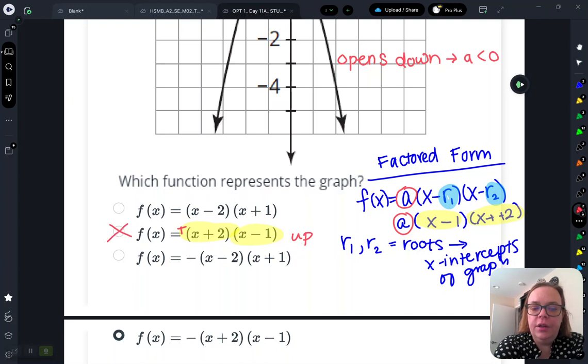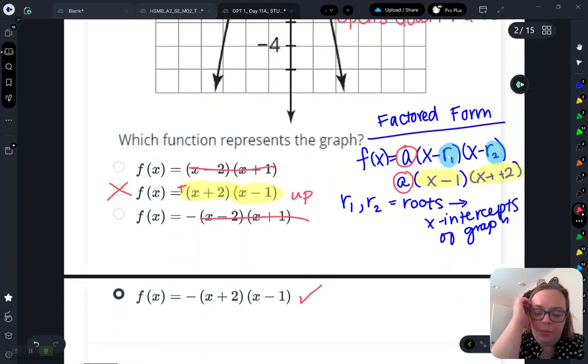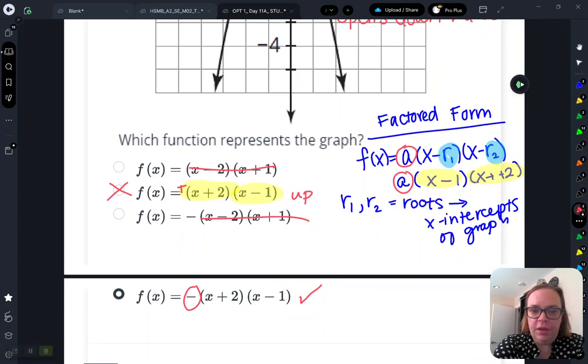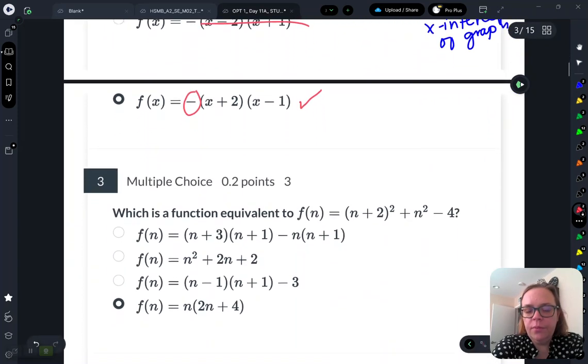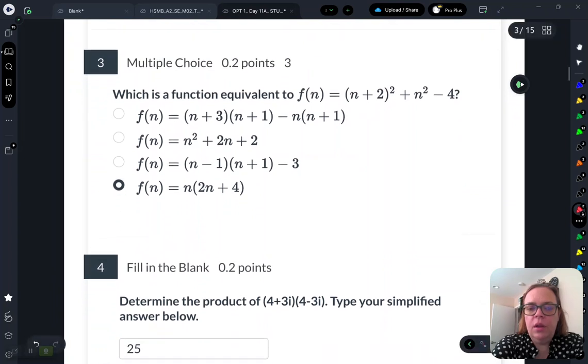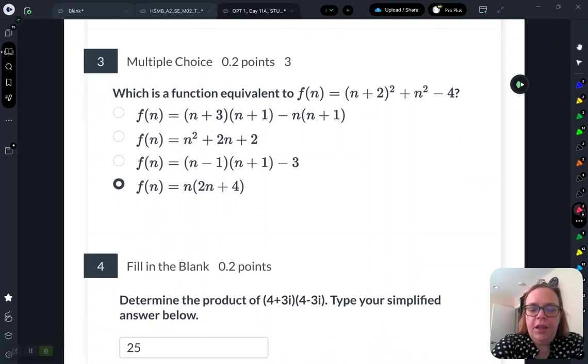This one doesn't have the right roots, and this is our answer because it has both the correct roots and it has a negative sign in front, which would imply that it opens down. Keep in mind that you can pause it at any time if you need to go back and catch any of that.